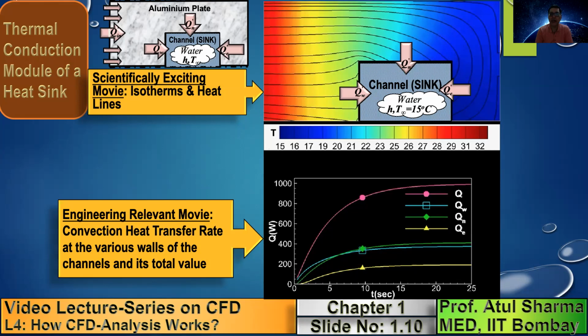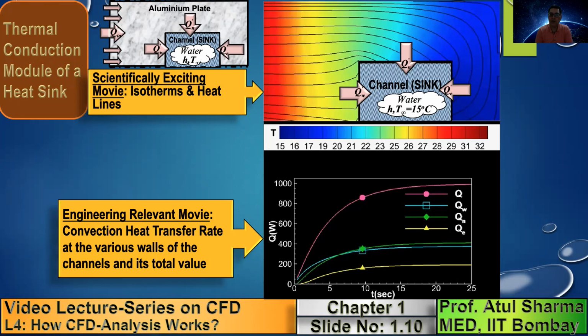So you can see that the heat which is entering, let us suppose, on the bottom half of the aluminum plate, goes straight to the west wall. The heat which is leaving from the upper half of the left wall, part of it goes to the top wall, and some part of it goes to the east wall.